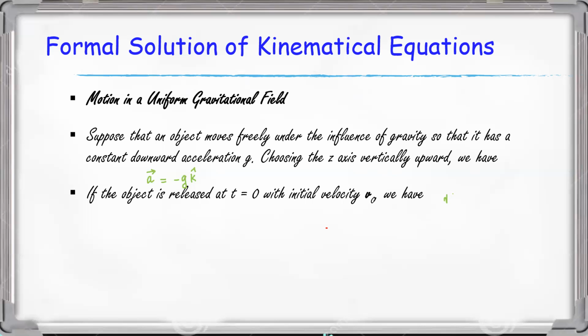The general expression is r of t is equal to r0 plus v0 t plus half a t square.